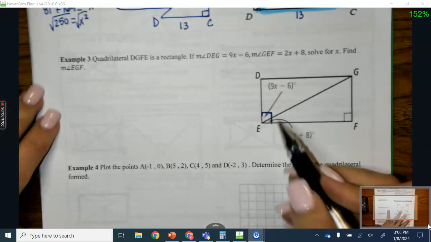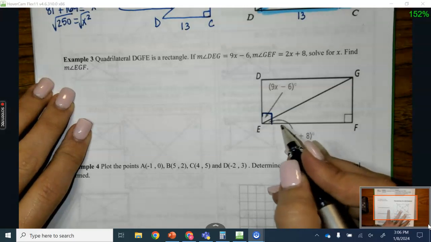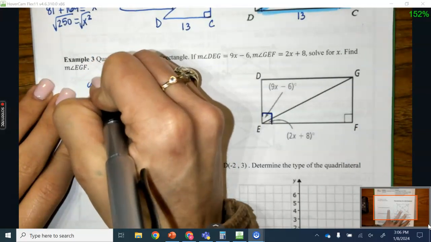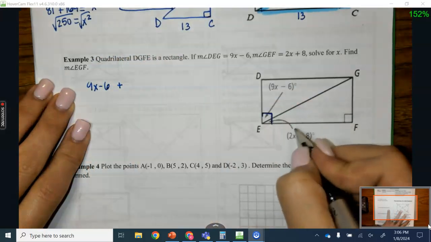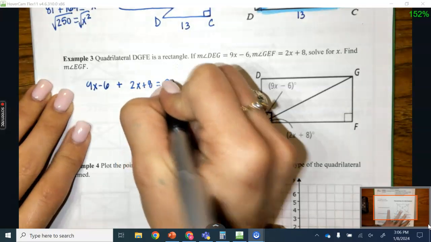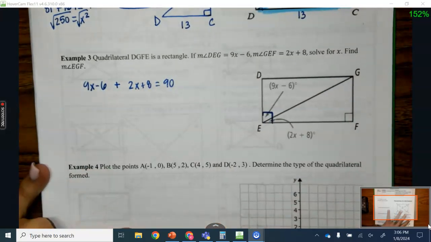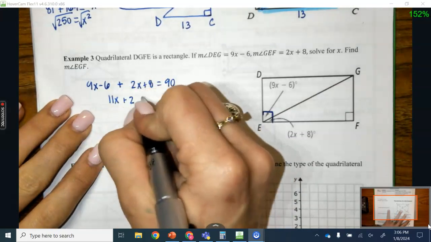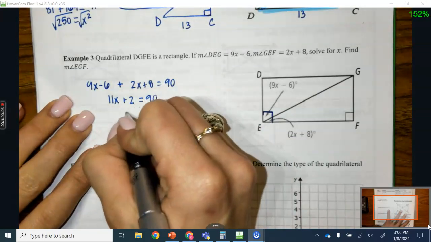They're complementary angles. So in order to solve for x, I need to take my two parts of my right angle, 9x minus 6, add it to the other part, 2x plus 8, and set it equal to 90, right? They're complementary angles. So this is 11x plus 2 is equal to 90.